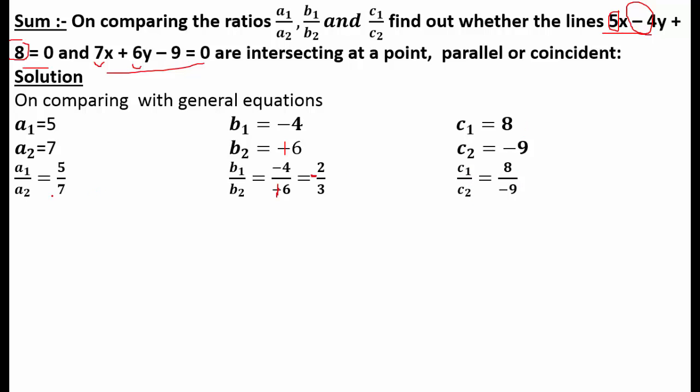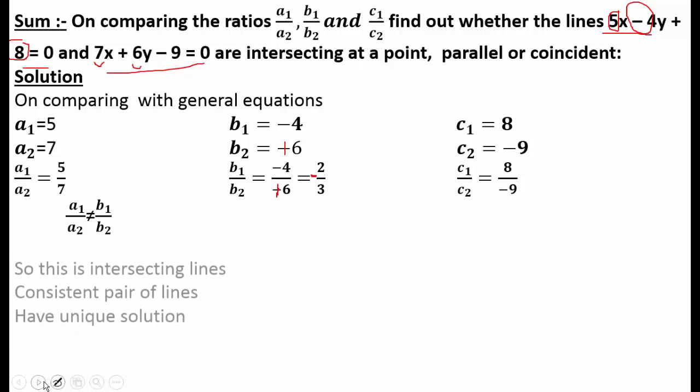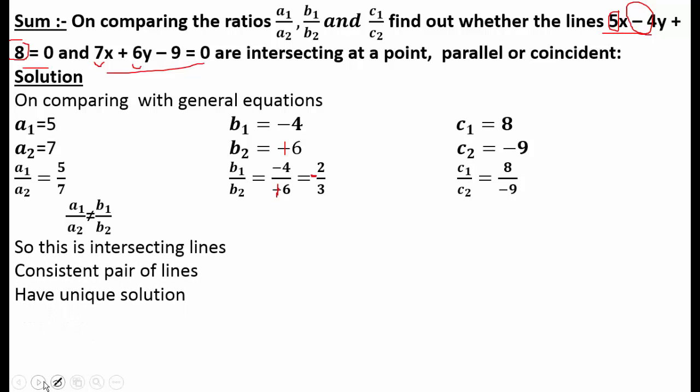Now you can check that a1 by a2 not equals b1 by b2, and this is the condition for intersecting lines. So my first case is intersecting lines, and you know that if the lines are intersecting, then the pair of lines will be consistent and have a unique solution.